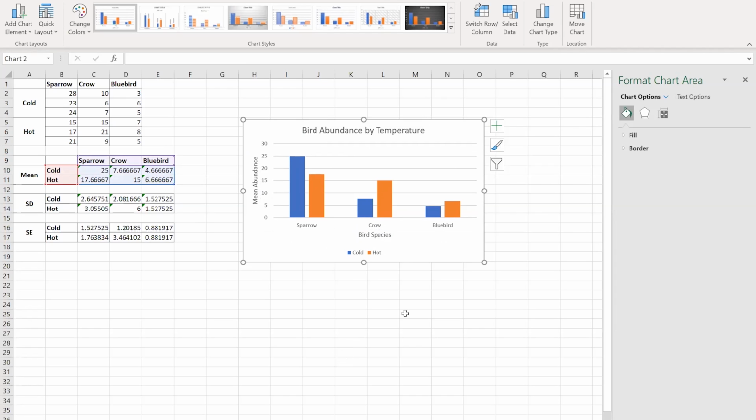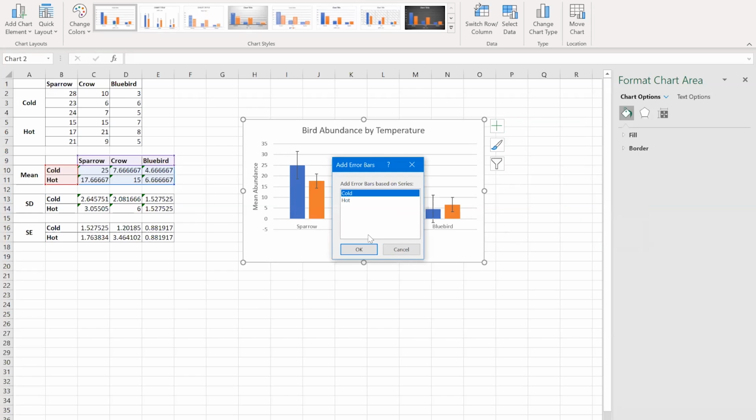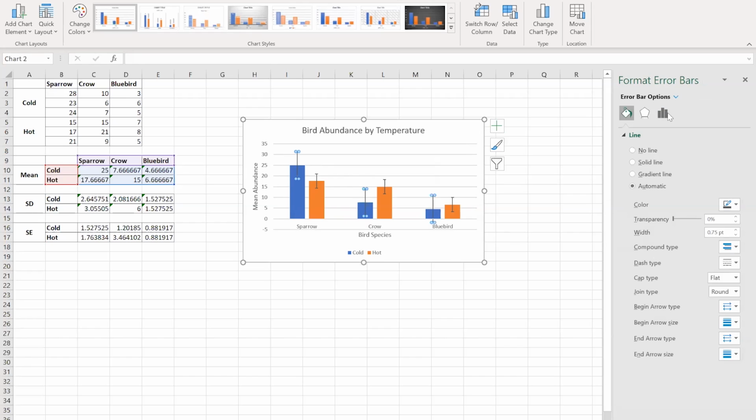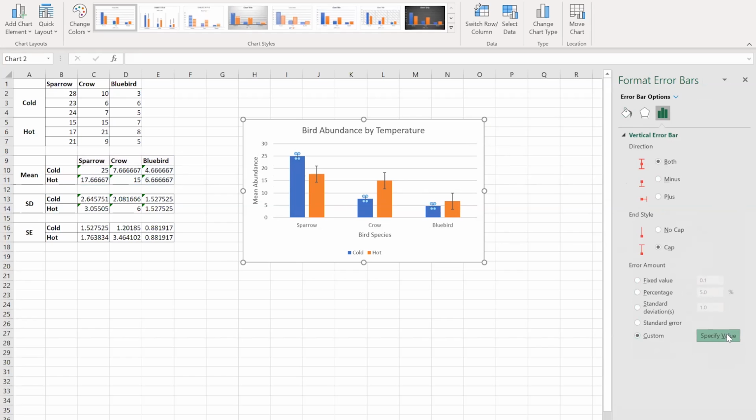So this is almost right, but we need to include standard error bars when our bar chart represents means. So remember, we need to add a chart element, error bars. Gosh, hold on. More options. First, we'll add for cold. Remember, we have to customize and then select our specific values.